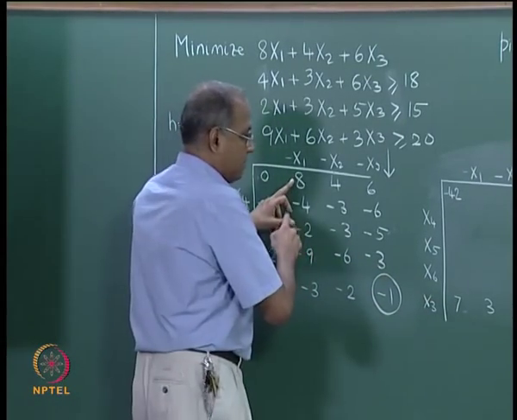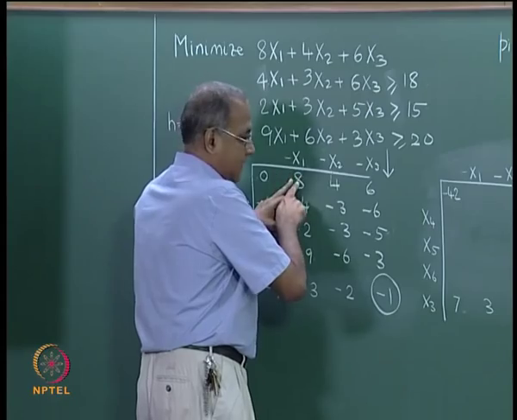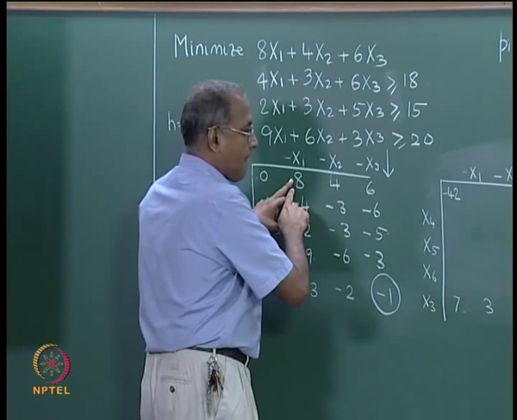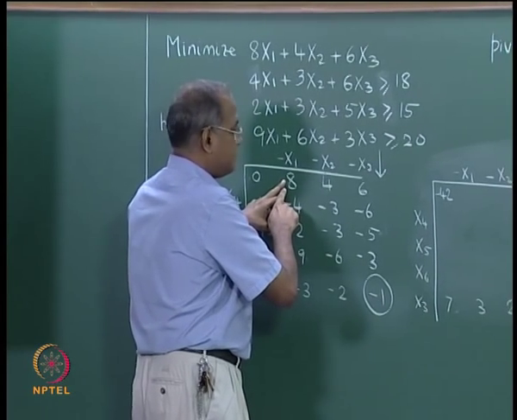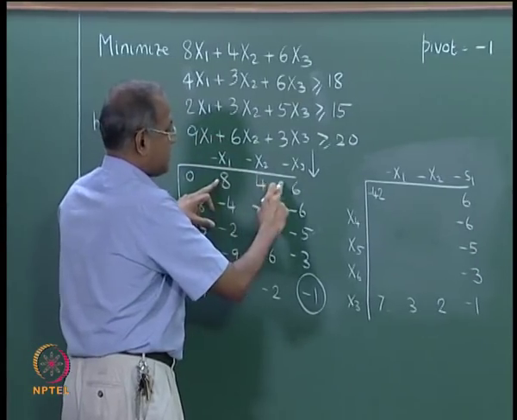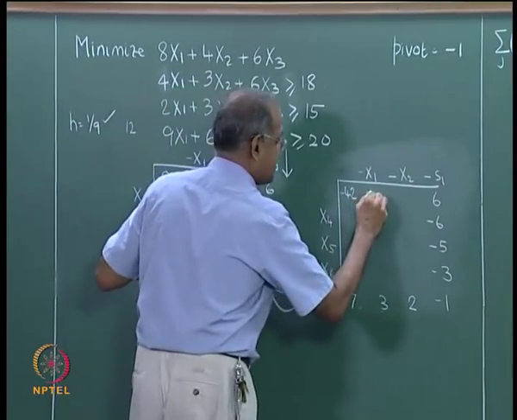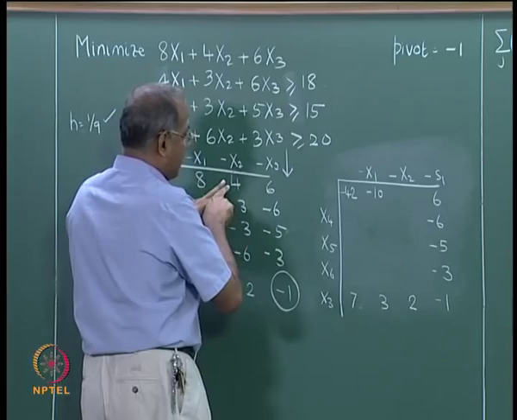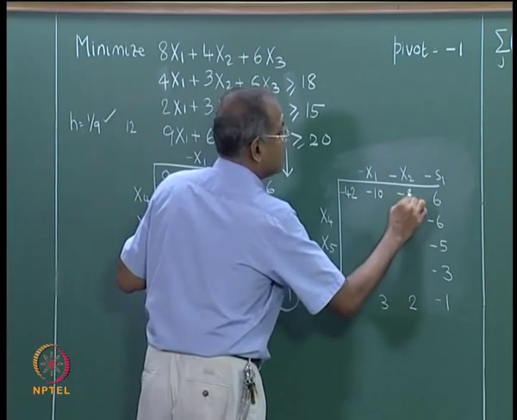This value will become 8 minus 6 into 3, 18, which is minus 10, and this value will become 4 minus 6 into 2, which is minus 8.